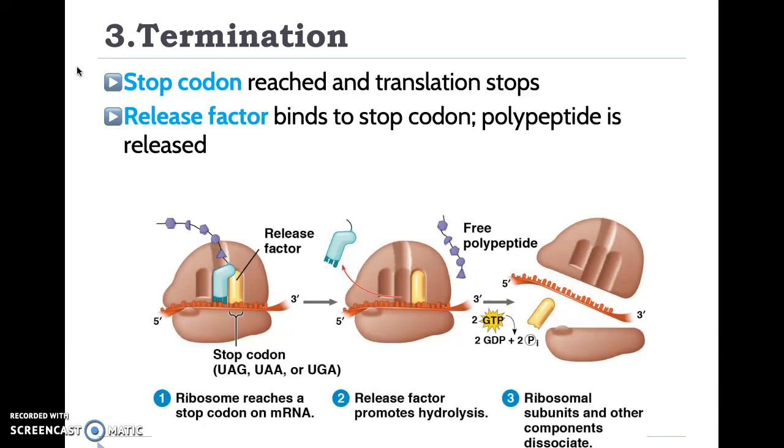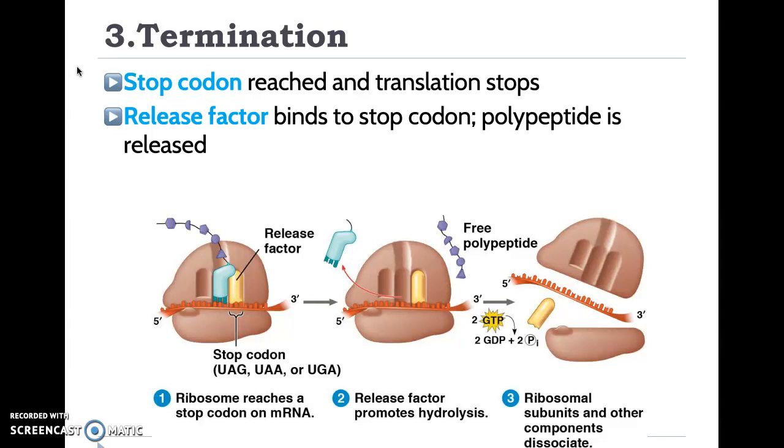A release factor is going to bind and signal that the polypeptide needs to be released. If you look at the diagram, you can see a release factor that's being added to the A position, or A site, of that ribosome. It's going to attach to the stop codon in that mRNA strand.